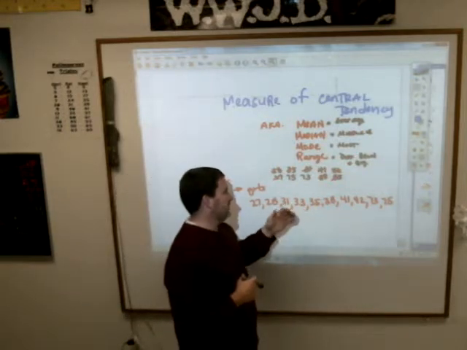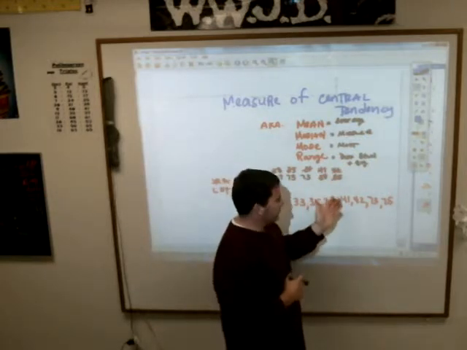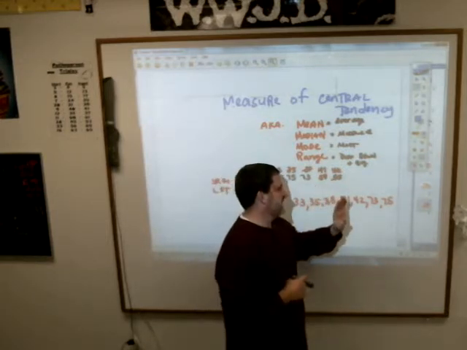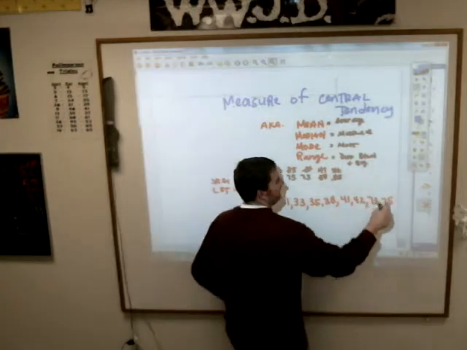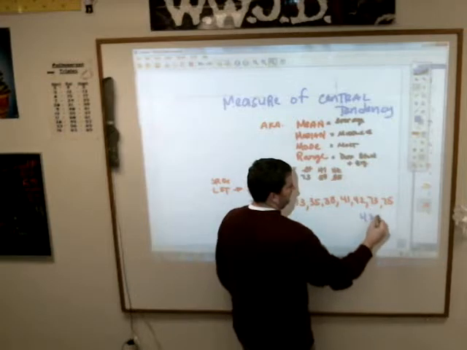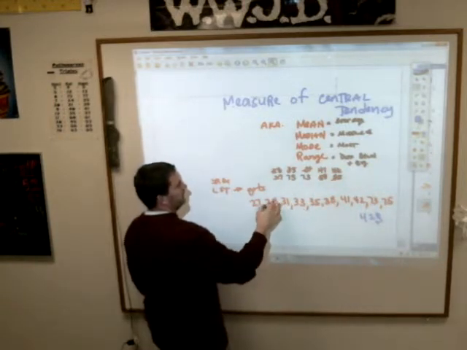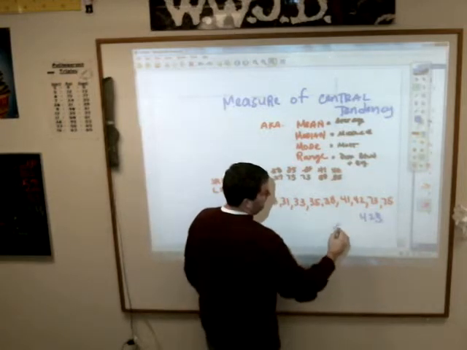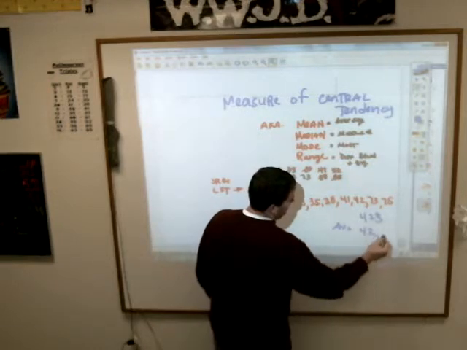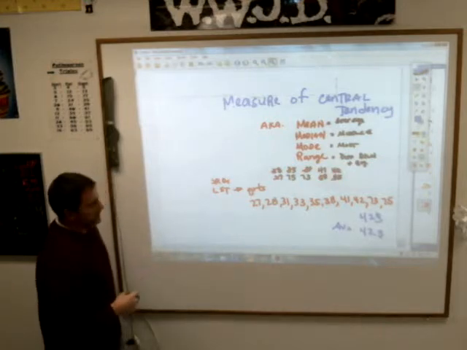I don't want to do it. 119, 154, 192, 233, 275, 348, and 75 is 423, I think. 423 divided by 1, 2, 3, 4, 5, 6, 7, 8, 9, 10. Oh, that's easy. Good. Average of this would be what? 42 point, what did I say, 8 or 3? 3, I think, if in fact I did my adding right. I don't care so much about average because that one you can figure out.